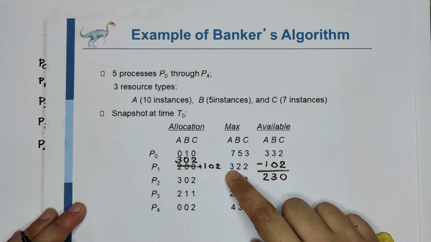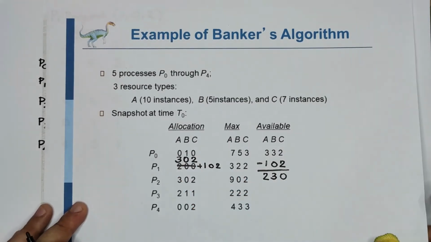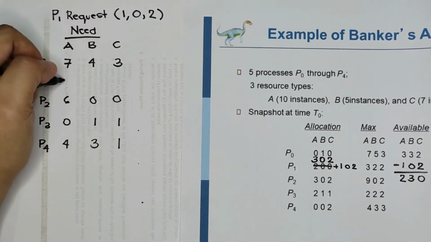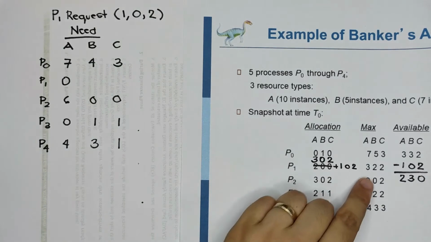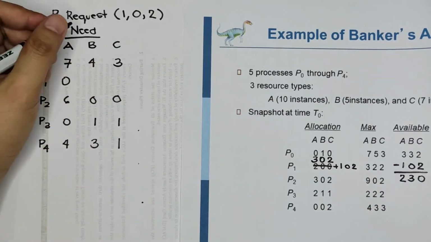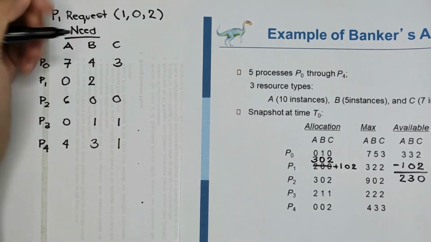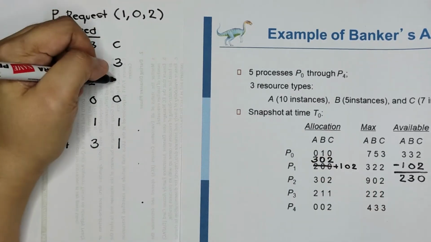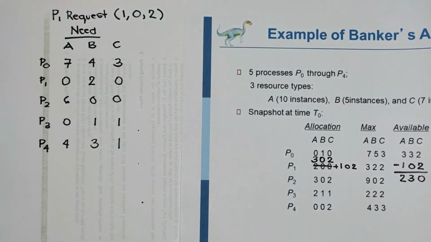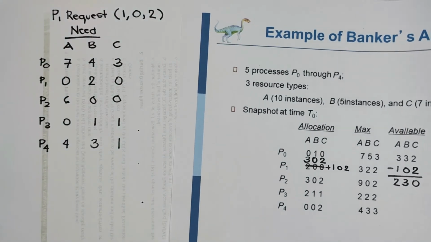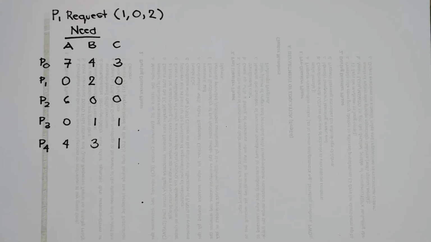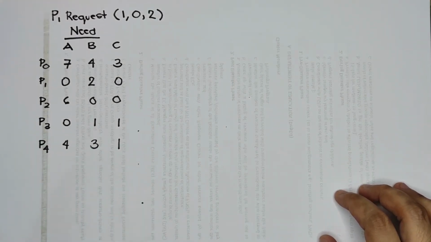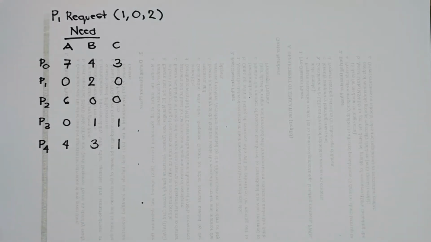We just need to get the new value for P sub 1. So, 3 minus 3 is 0. And then 3 minus 1 is 2. And then 2 minus 2 is equal to 0. So, the new value for P sub 1 in the need is 0, 2, 0. And then, of course, we're going to run the safety algorithm of the Banker's algorithm.